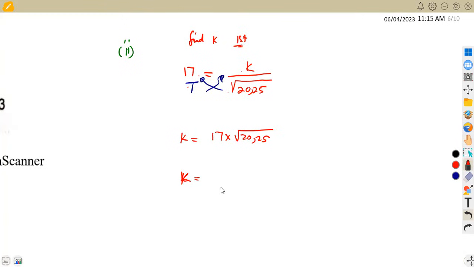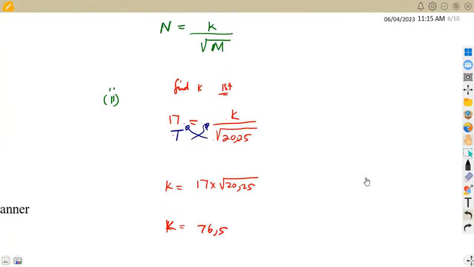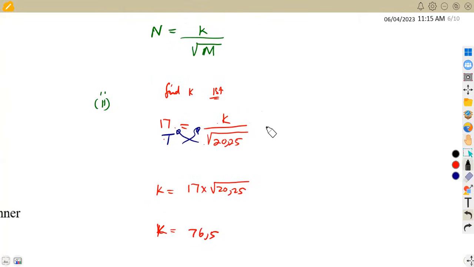So the value of K is going to give us 76,5. Meaning this relationship can be written as N is equal to 76,5 over the square root of M.